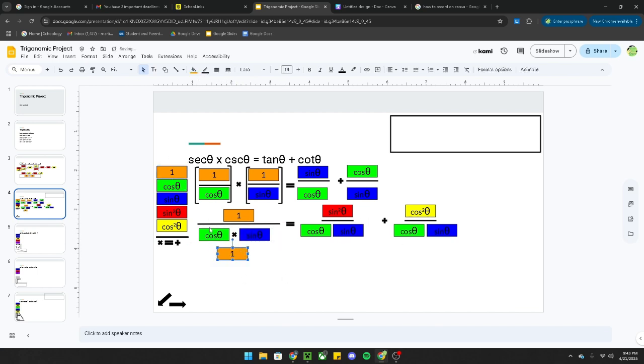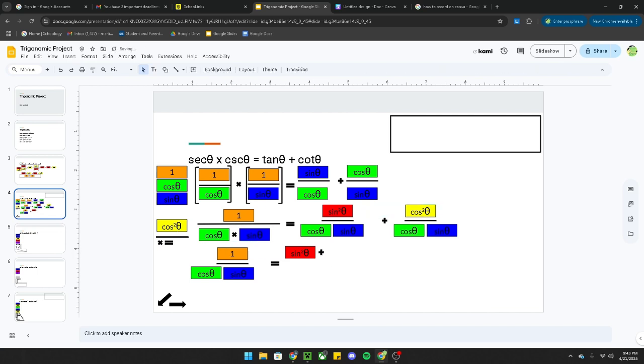So we're going to redo this one, 1 over cosine times sine equals sine squared plus cosine squared over cosine times sine. Now, sine squared theta plus cosine squared theta also happens to be 1.